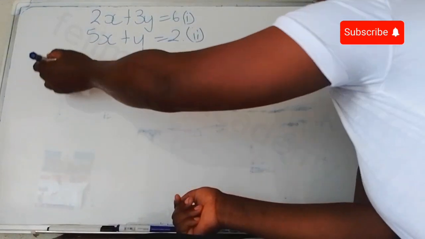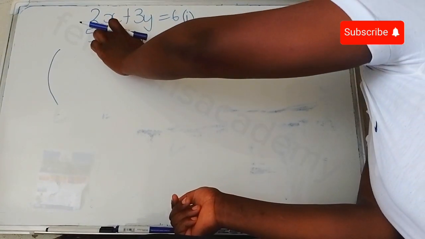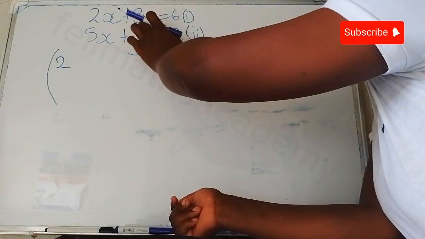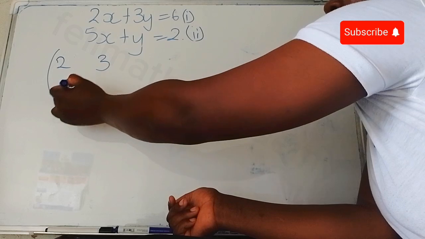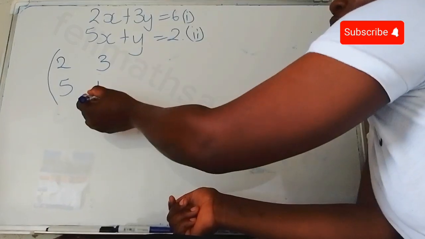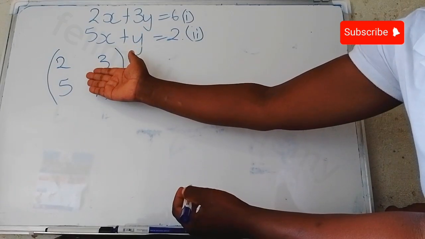So we are going to formulate a matrix using the coefficient of x, 2, the coefficient of y, 3, the coefficient of x, 5, the coefficient of y, 1. That's our 2 by 2 matrix.